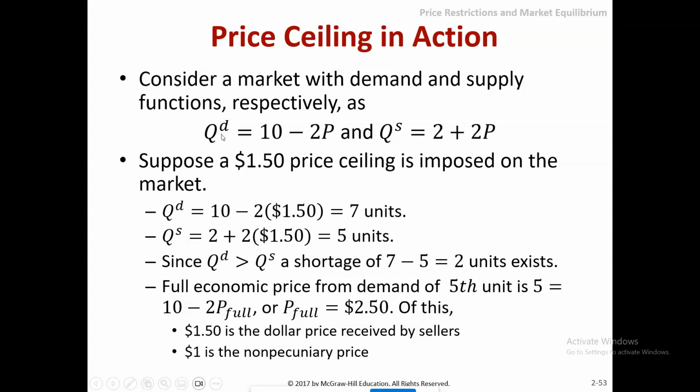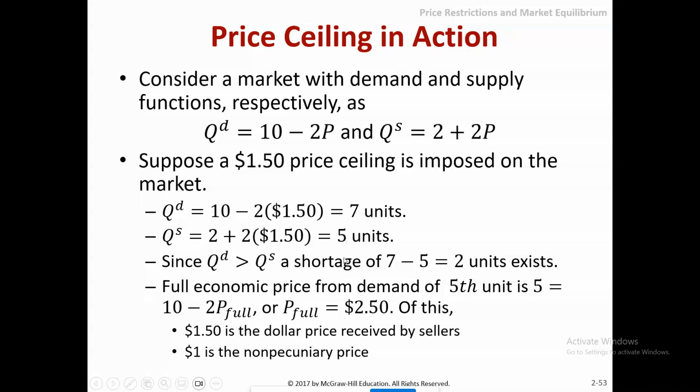Here is a quantity demand function and supply function, and we say the price is $1.50. At this price, consumers plug this into the demand function. Consumers are willing to purchase 7. Sellers are willing to offer 5.